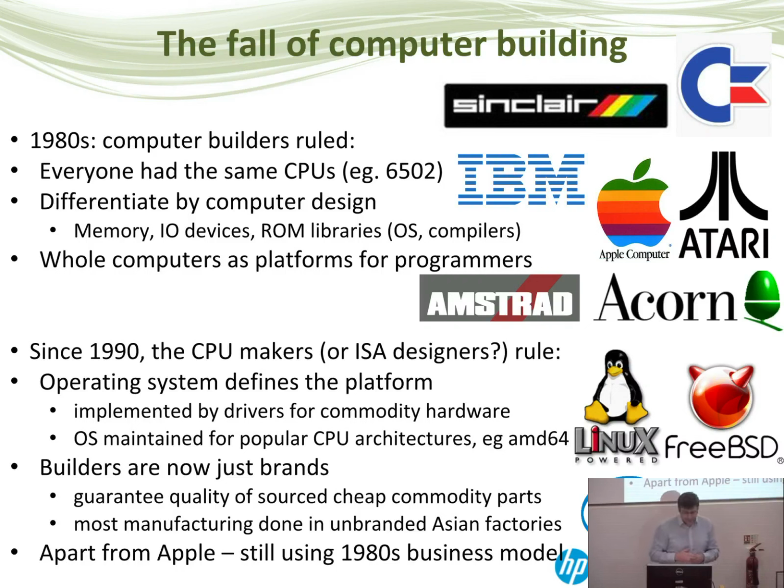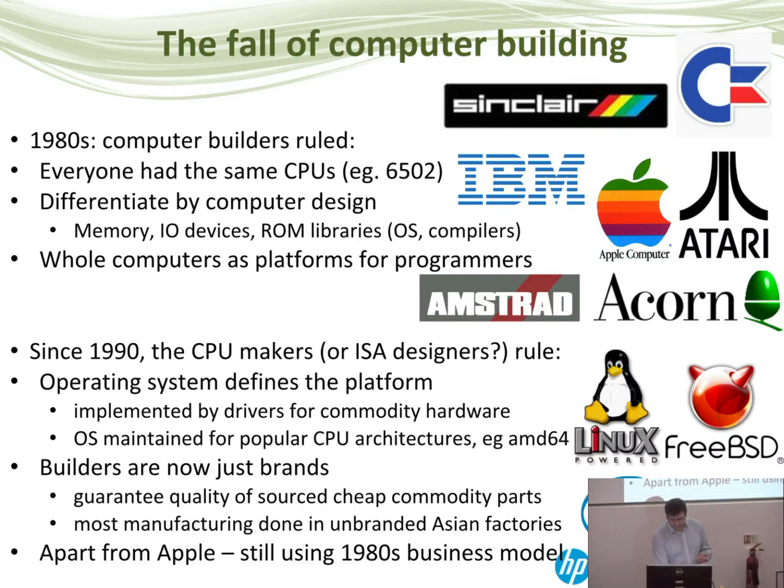IBM created the computer design that we call the PC, or personal computer. And unlike all the other computer builders, they said anyone can come and compete against us. Anyone can make that same computer design. And yeah, we'll lose some sales if people make our stuff, but we'll also gain sales because we'll become the standard.